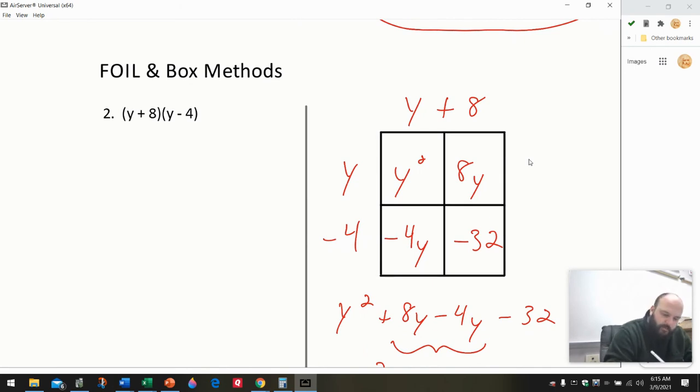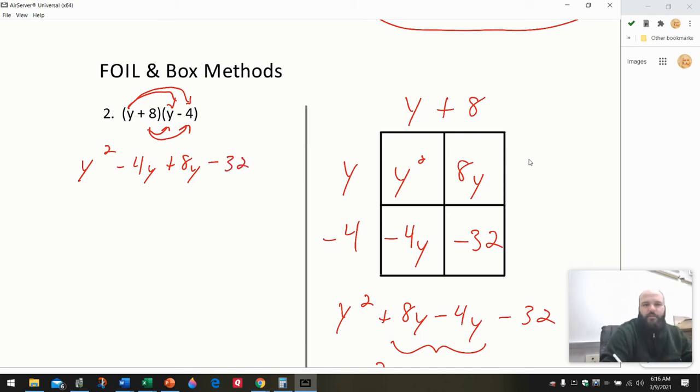Now, if we FOIL this together, we should get the same answer as long as we do everything correctly. So first, y times y gives me y squared. Outer, y times negative 4 is negative 4y. Inner, 8 times y is 8y. And last, 8 times negative 4 gives me negative 32.